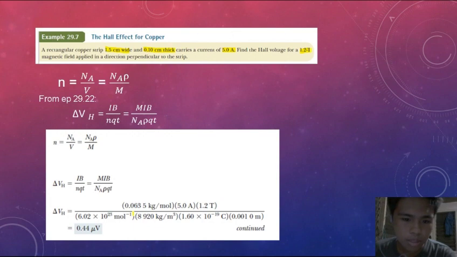Substituting the values, we have the molar mass, which is 0.0635 kilogram per mole, the current, which is 5 ampere, the magnetic field, which is 1.2 Tesla, over the Avogadro's number, which is 6.02 times 10 raised to the power of 23 mole to the power of -1, times the density of copper, which is 8,920 kilogram per cubic meter, times the charge, which is 1.60 times 10 raised to the power of -19 coulomb, and t, which is 0.0010 meter.